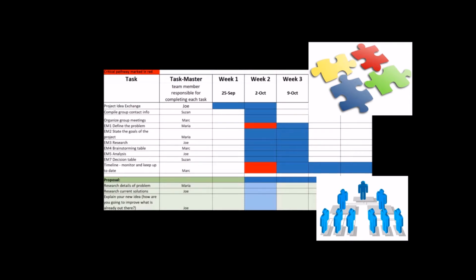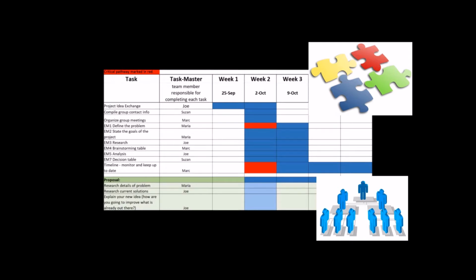On this timeline, you are going to identify each little individual task. Break it up into small bite-sized pieces so that each part of the project has a time that it needs to be completed by, and also a person who is going to be responsible for making sure that task is completed. I don't want to see everyone written next to a task.